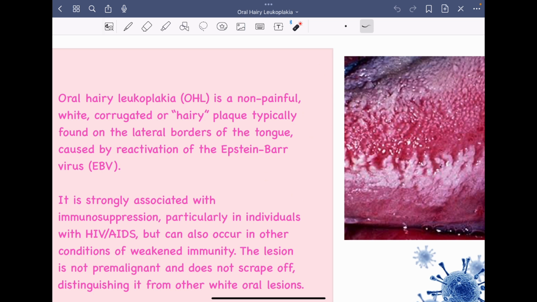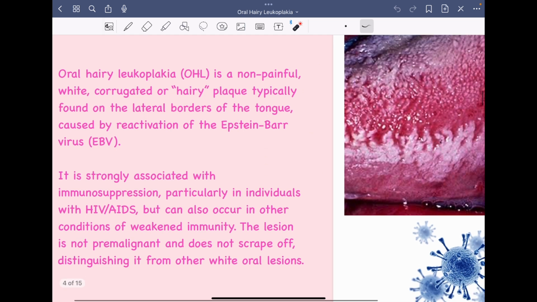It is strongly associated with immunosuppression, particularly in individuals with HIV. But it can also occur in other conditions where the immunity is suppressed. So in other cases, for example in antigen-antibody reactions and all, where there is a marked immunosuppression, in such cases also we might encounter OHL.